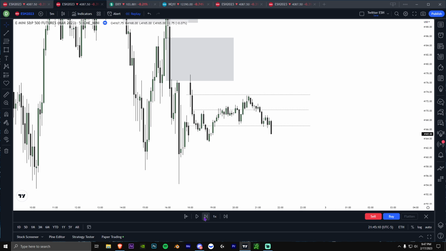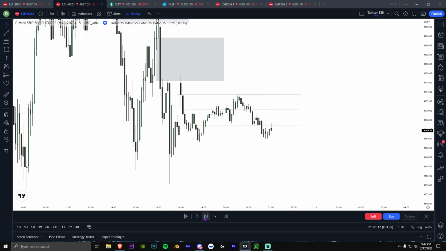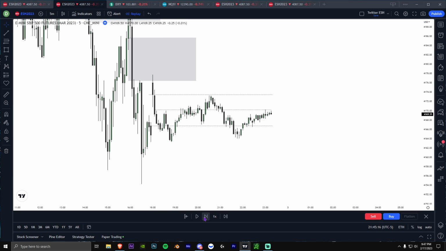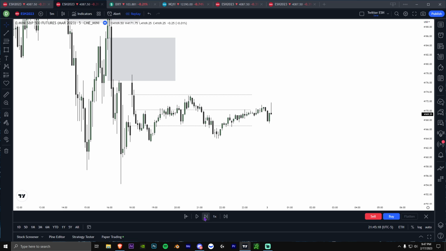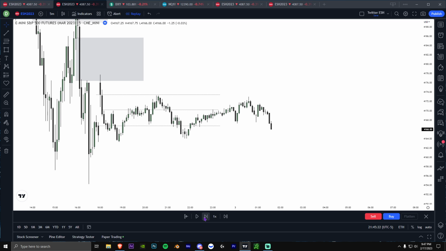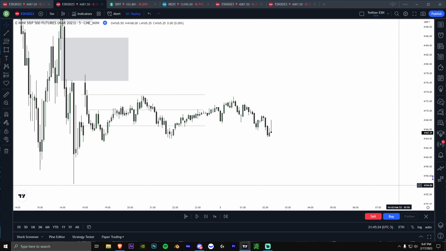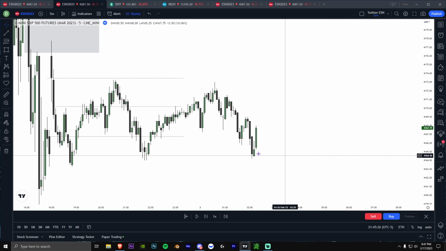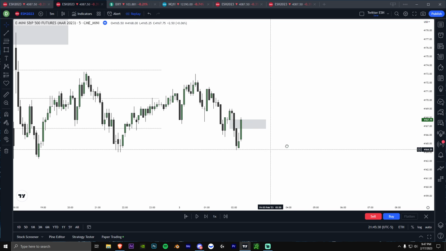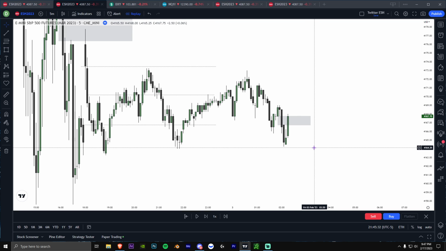So far, this is actually the overnight session. We're still holding that overnight gap. Yeah. Okay. Yeah.